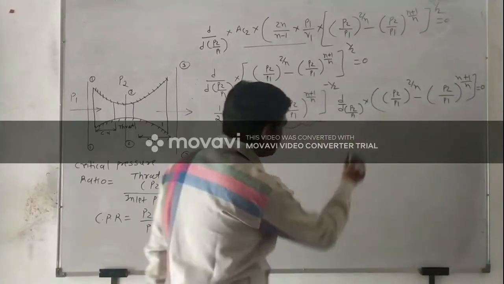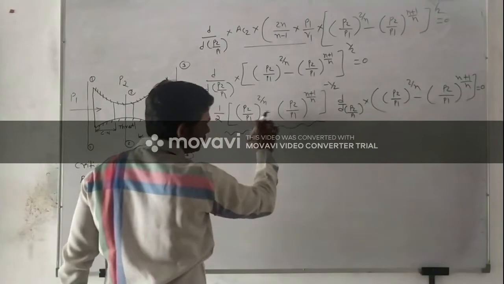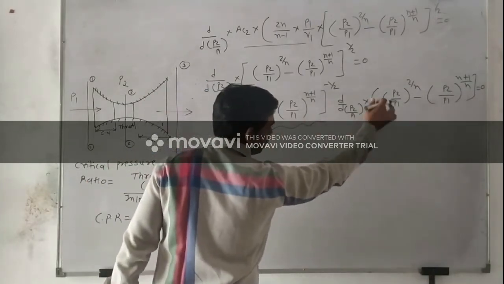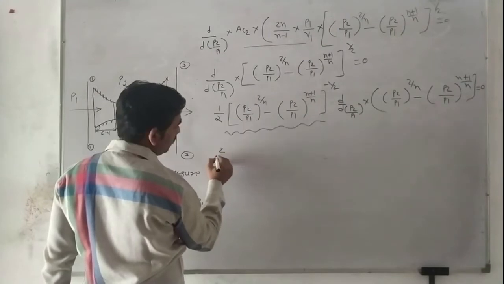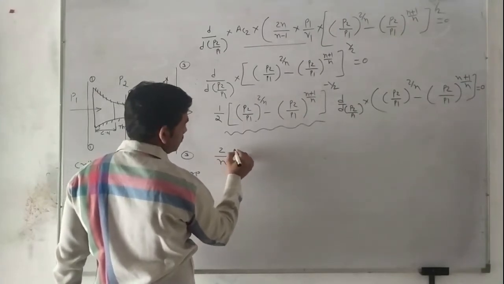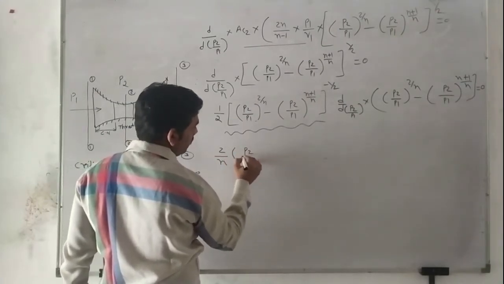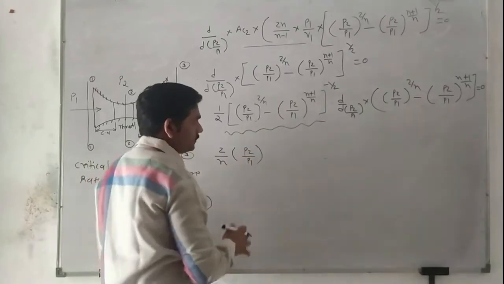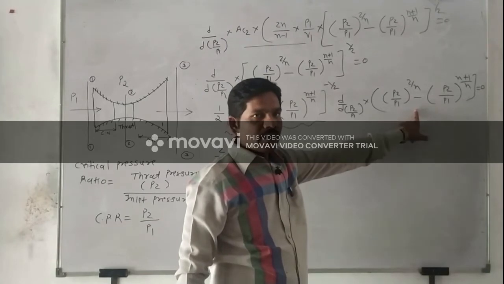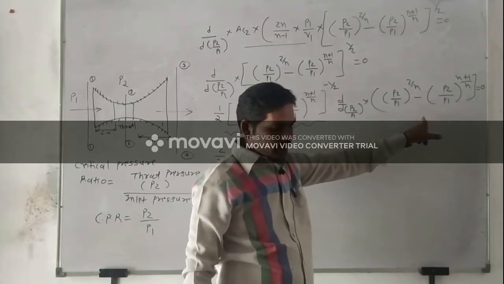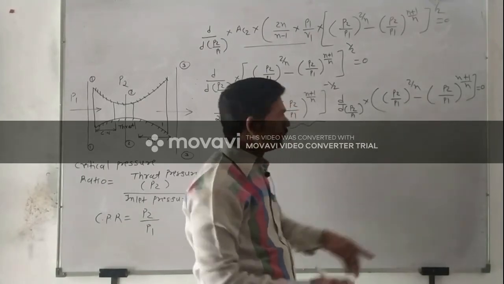So finally which equation do we get? We get this equation, this one. This term is also 0. So we are getting this, and we have to differentiate this equation. After differentiating, what do we get? 2 upon n (P2 upon P1). Differentiation, what is the answer? Correct. What is? 2 upon n. After differentiation, what is? 2.